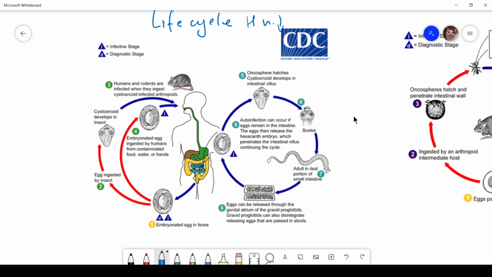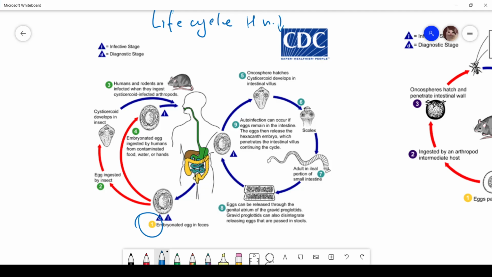Eggs of Hymenolepis nana are immediately infective when passed with the stool and cannot survive more than 10 days in the external environment. There are embryonated eggs in a stool.